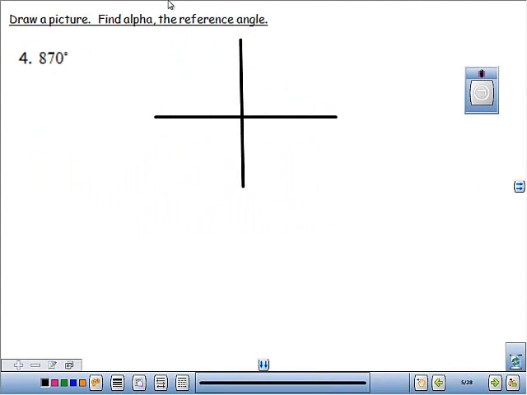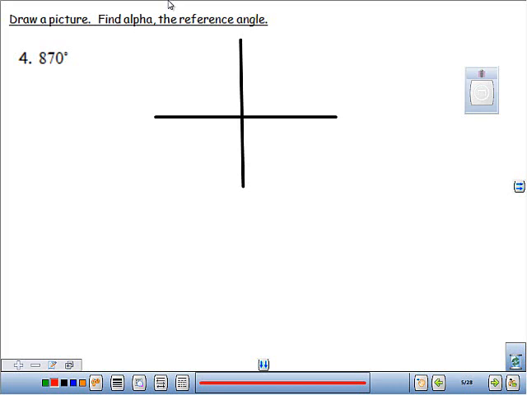Okay, 870 degrees. Okay, we're going in the positive direction, counterclockwise. The easiest way to figure out how many times around this is going to be is to figure out, we know a circle is 360, and so this 870 is going to be at least 2 circles, because 360 and 360 is 720.